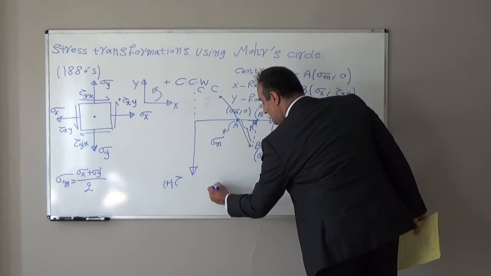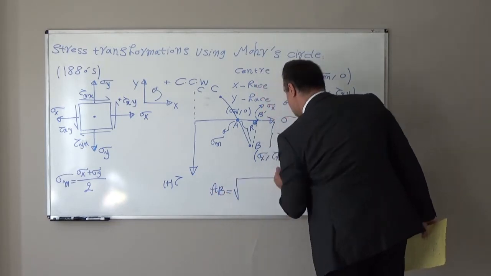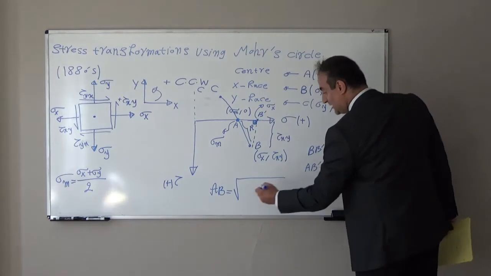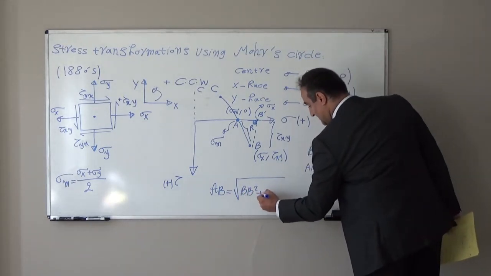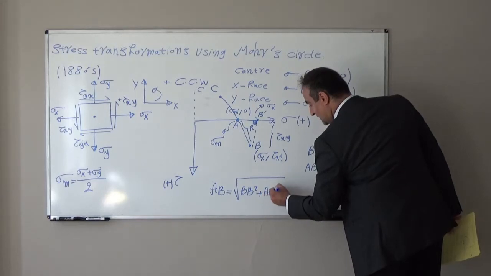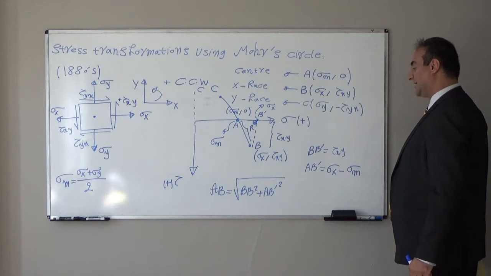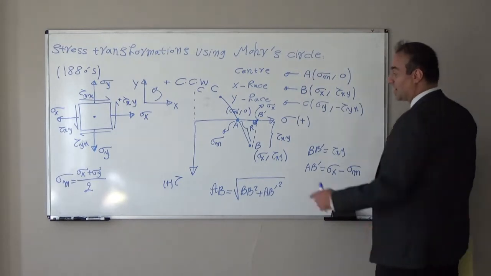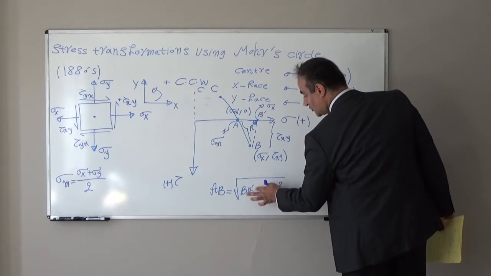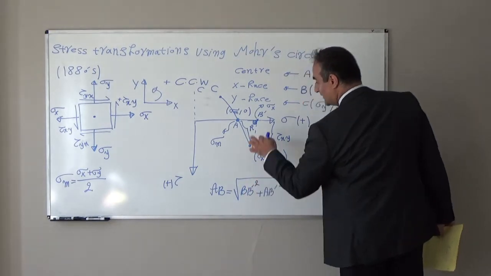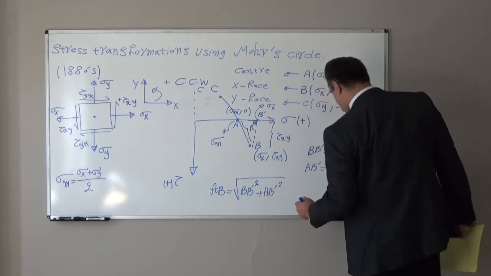So AB will be equal to the square root of BB prime squared plus AB prime squared. So AB in this right angle triangle will be the square root of BB prime squared plus AB prime squared.